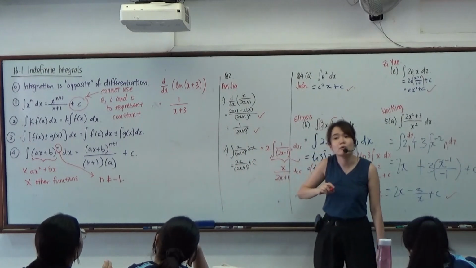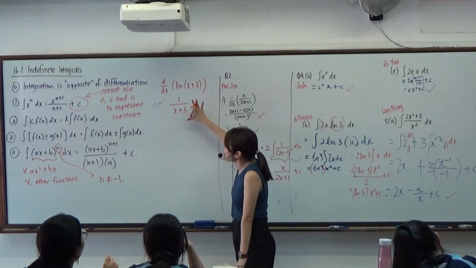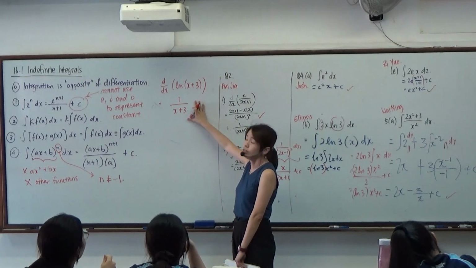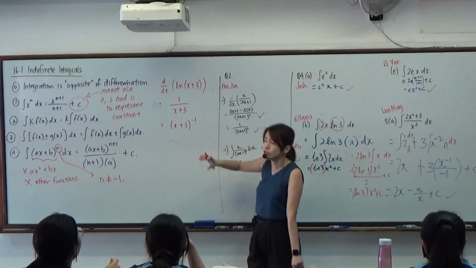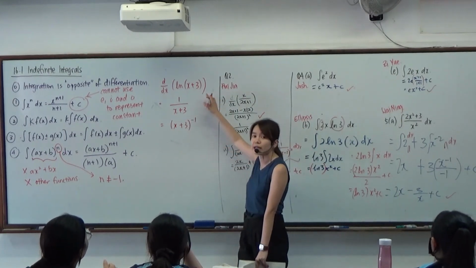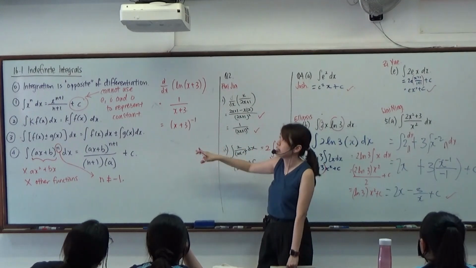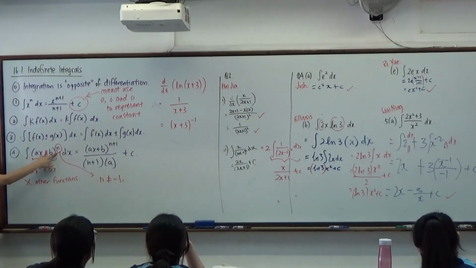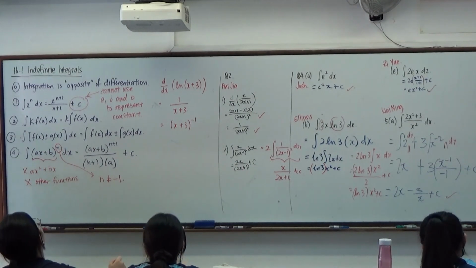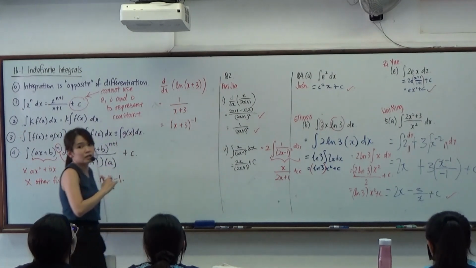So if I want to integrate 1 over x plus 3, which is actually x plus 3 to the power of negative 1, I should be getting ln. You understand? We will cover it later on in this chapter. So that explains why our power in this case can be any number except n equals negative 1, because when it is power of negative 1, we should be getting ln.